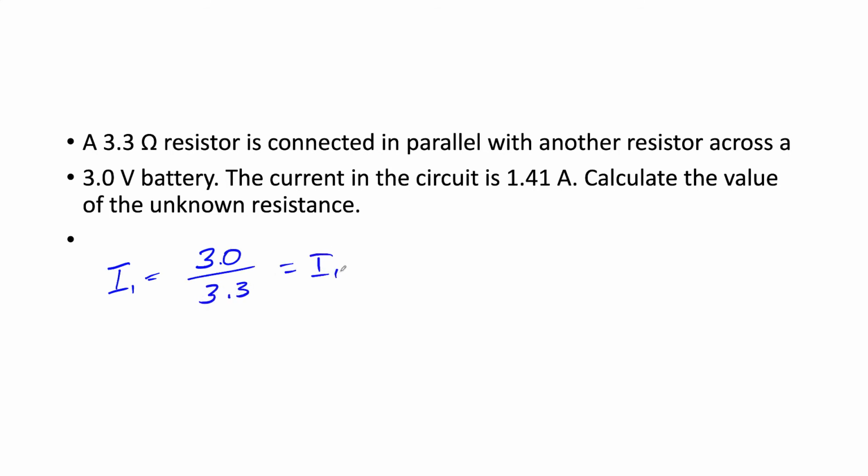So I1 is equal to 3 divided by 3.3, 0.90, let's go 0.909. This is the amps.